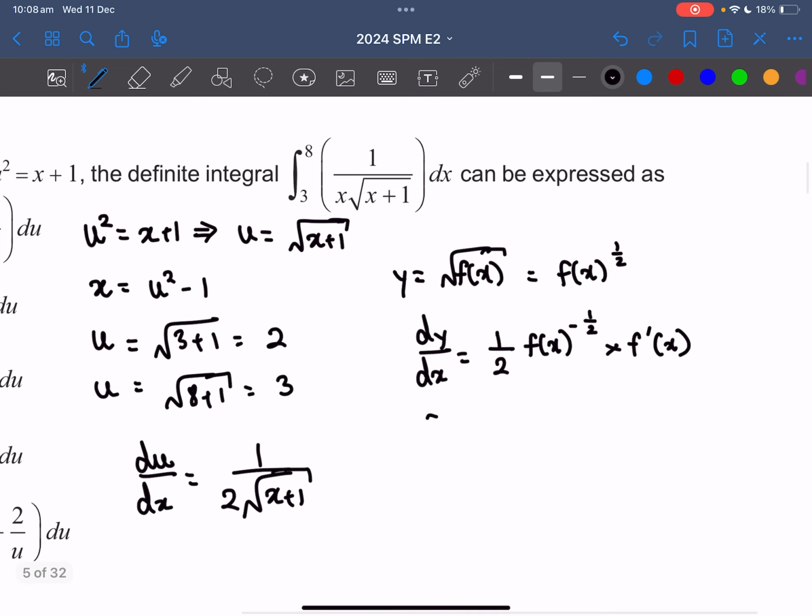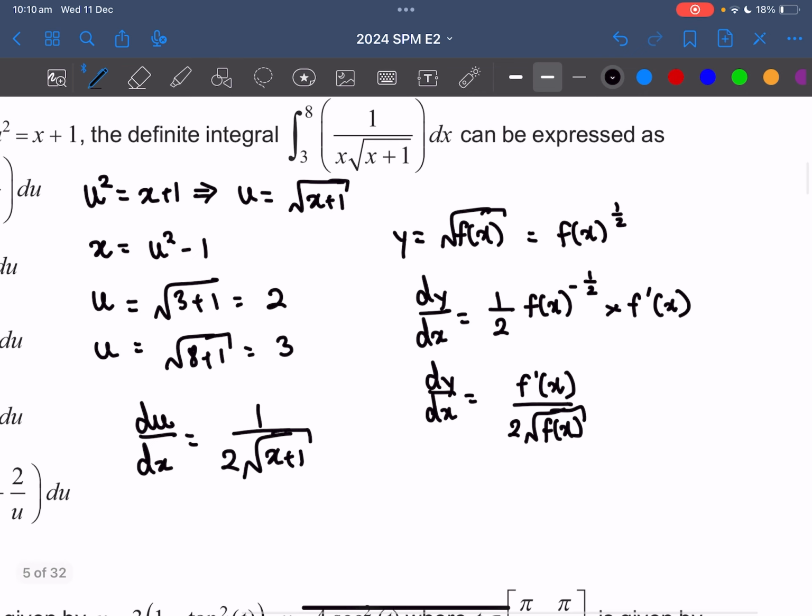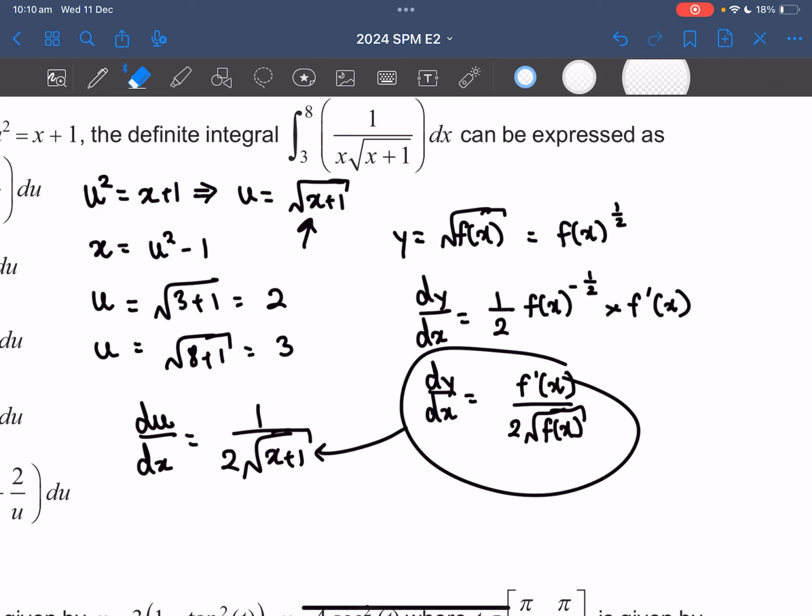So then we will get dy dx is equal to f dash of x over 2 root f of x. Okay, so that's how we can use this shortcut, if you want to call it a shortcut. And just by using this formula, I know that if we differentiate this, we'll straight up get what we have here. Okay, so hopefully this made sense.